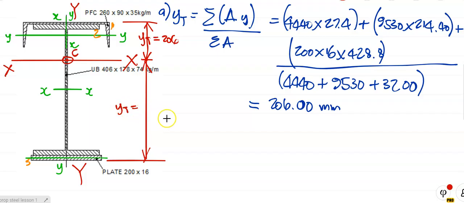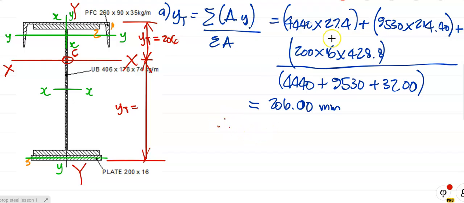How do we work out the full depth of the section? It's 8 millimeters of the flange of the channel plus 412.8, which is the depth of the I section, plus 16. Add it all together, take it away from that, will give us y bottom. Okay, do the calculation and check that you get the same answer like I do. And what did you get?